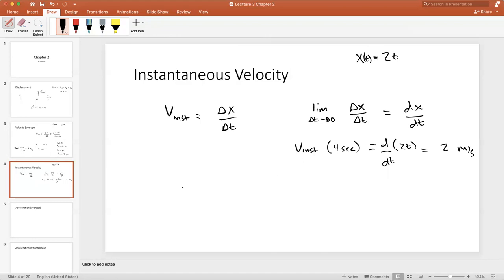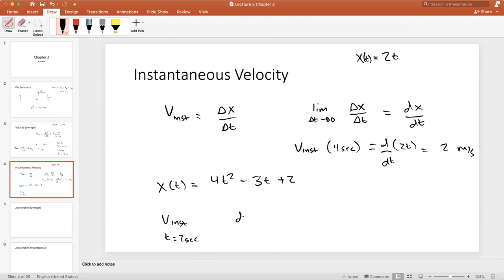So let's do a better one, okay? Let's do another function. What if our position function was given by 4t squared minus 3t plus 2, okay? And I want to know now the instantaneous velocity when t is equal to 2 seconds, okay?